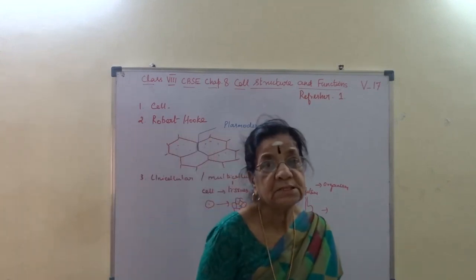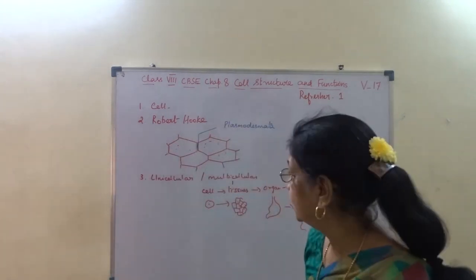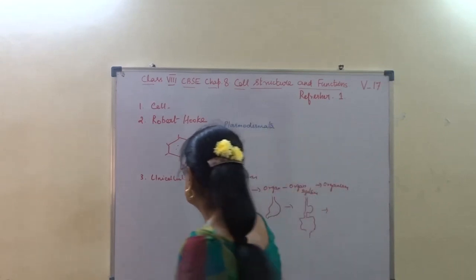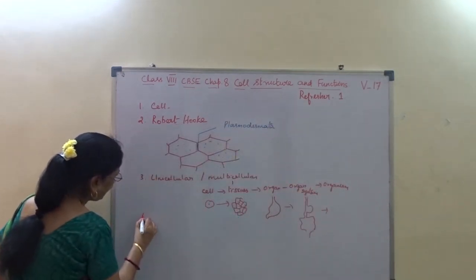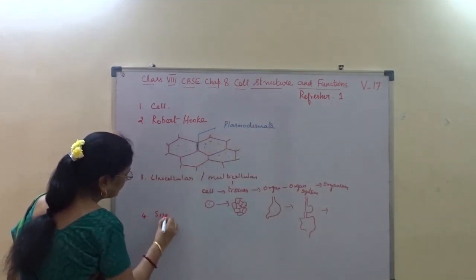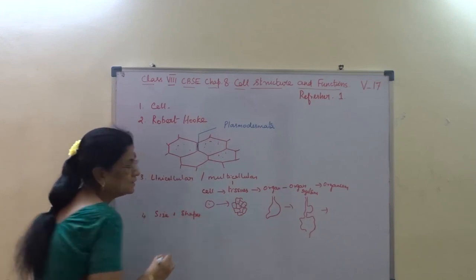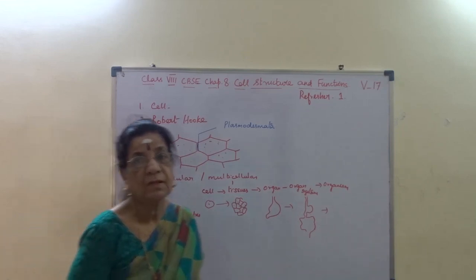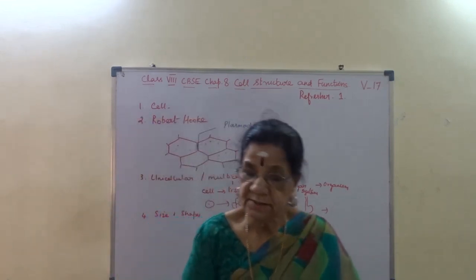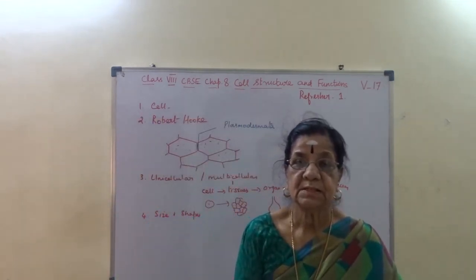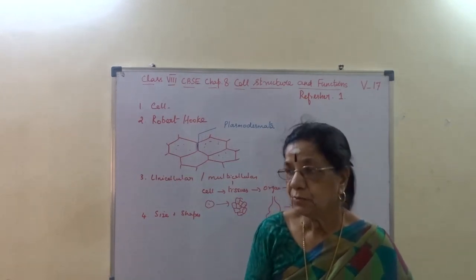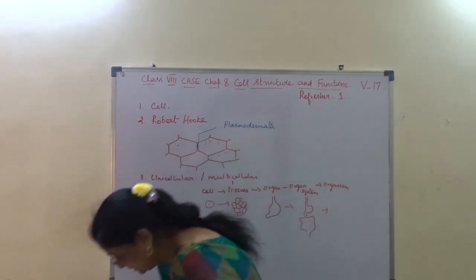Then, in the shape of cells, when you come to size and shape, the cells may be of different sizes and shapes, as for example the cells.